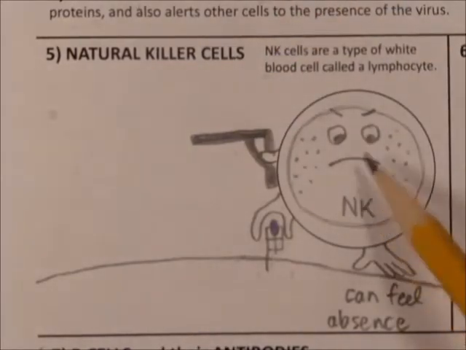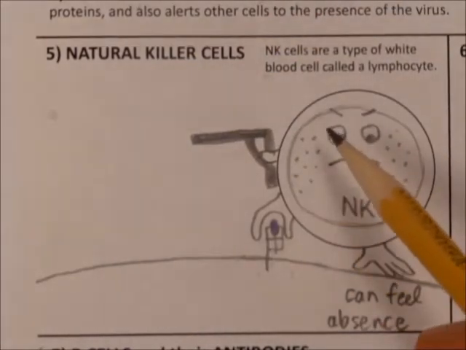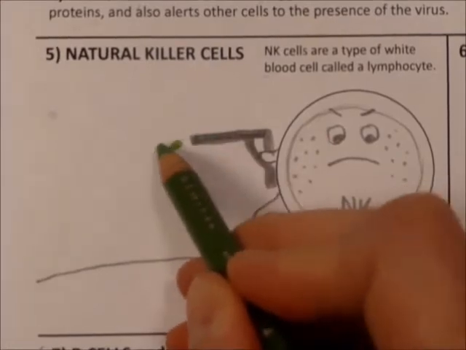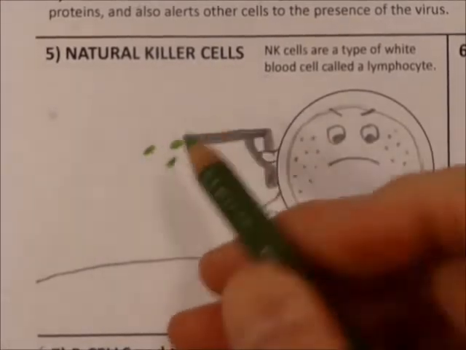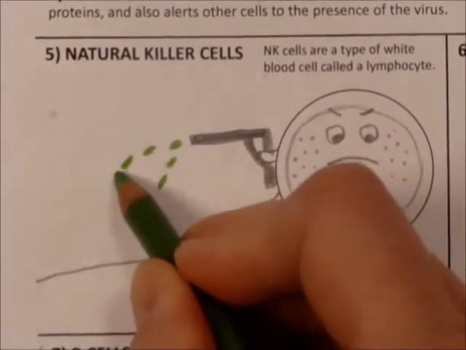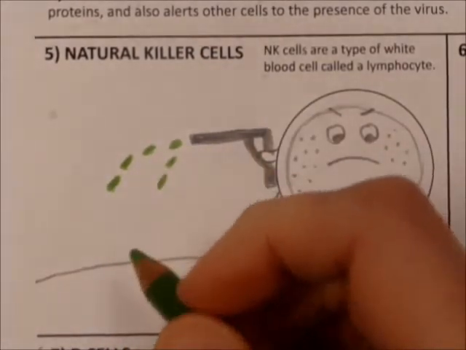So the NK cell shoots little bullets at the cell. But what they do when they come out is they will make a hole. So make your little bullets, and it doesn't matter what color you use. It doesn't matter at all.